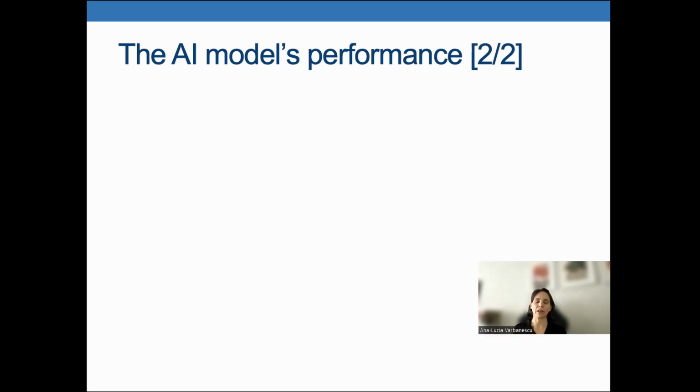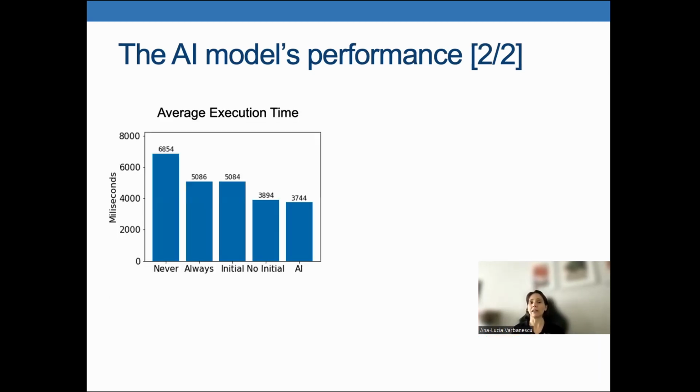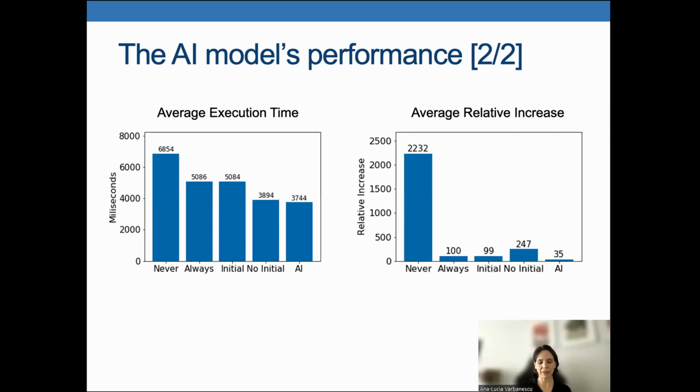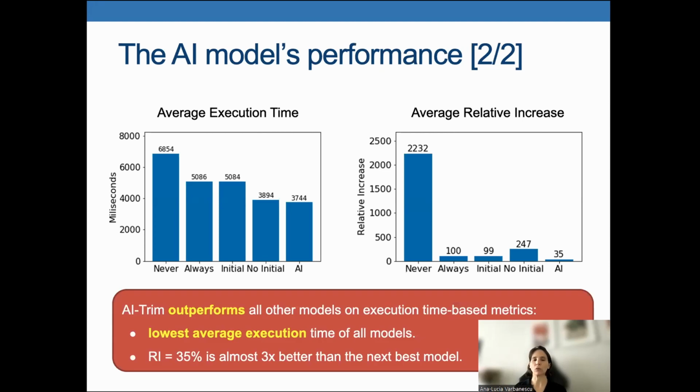However, when we look at the average execution time, we find that the AI version is actually the one that gives, on average, the best performance. In fact, it is the one that gives the least penalty on average across the entire set of graphs.